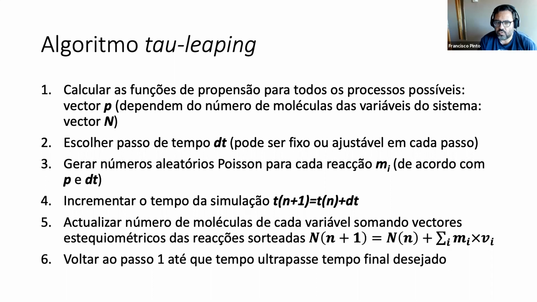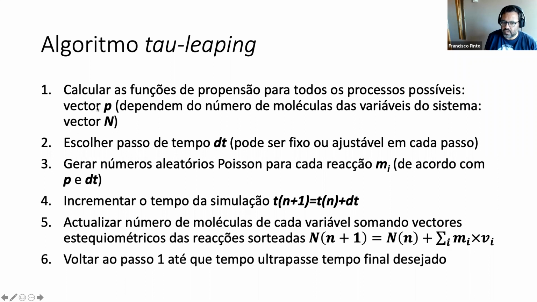Okay, so it starts with computing all the propensity values for all the processes, and so you generate the vector P that is dependent on the vector n for the present time. Then you choose the next time step, and that could be a fixed value, or, depending on the value of the propensities, if the propensities are very high, you may want to choose a smaller time step.